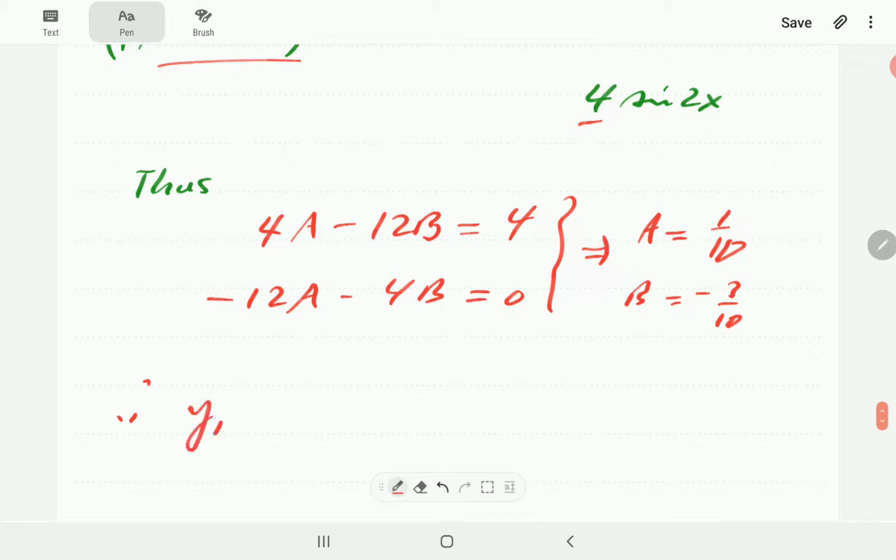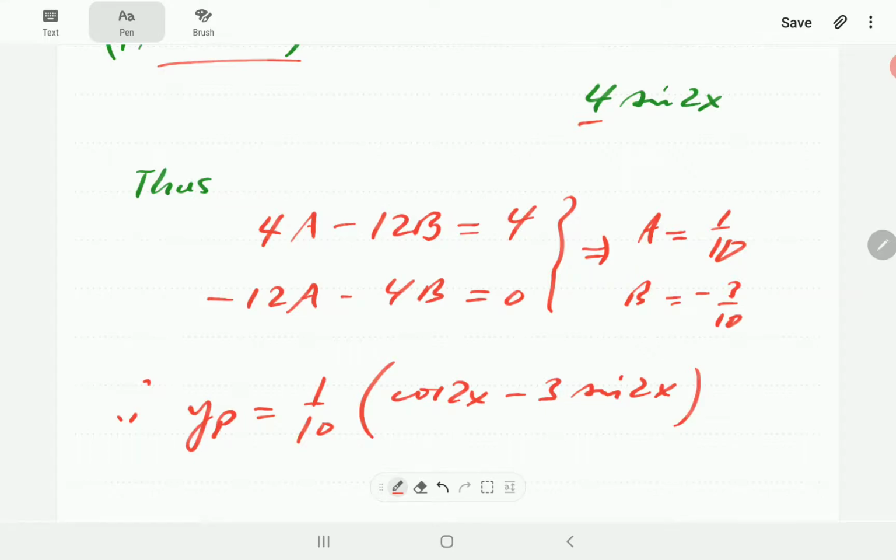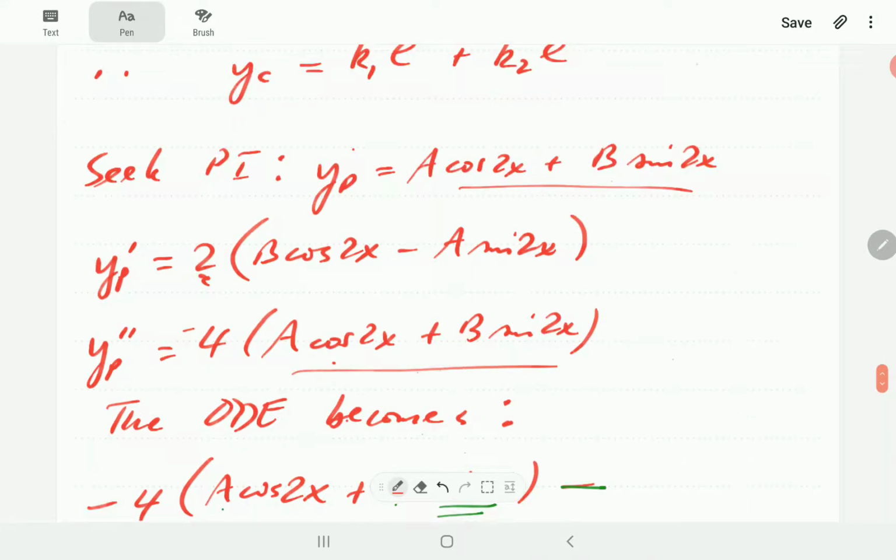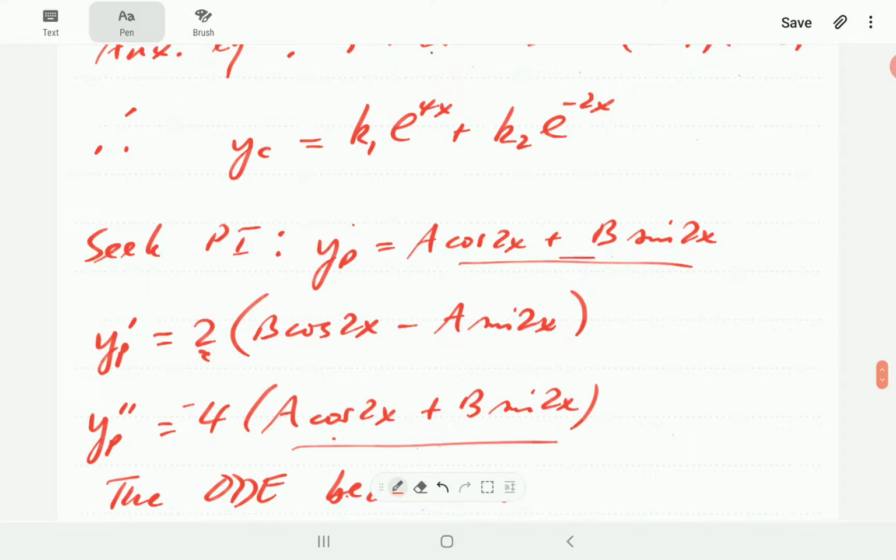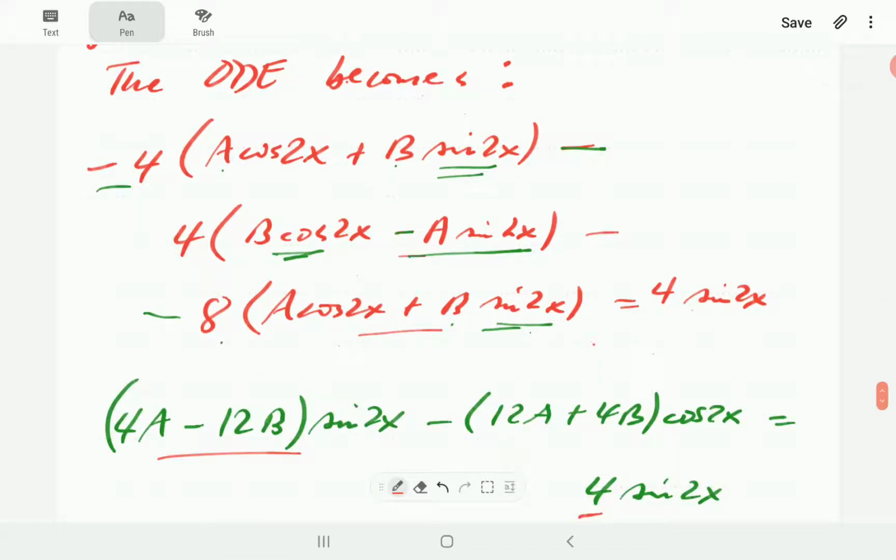So our yp is 1 over 10 into cosine 2x minus 3 sine 2x. Notice that our solution has got both of these. What this means is that if we had chosen this one to only include this term, then straight away our solution was going to be bound to be wrong.